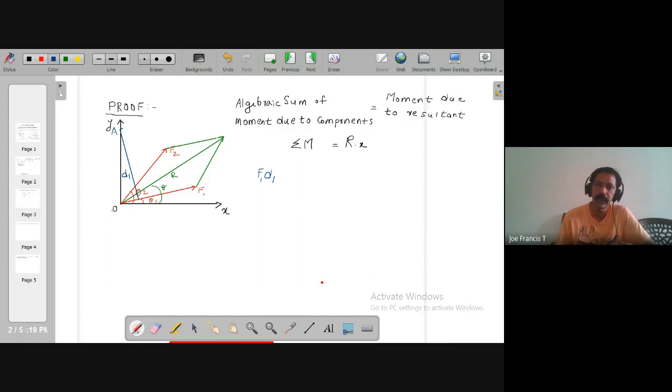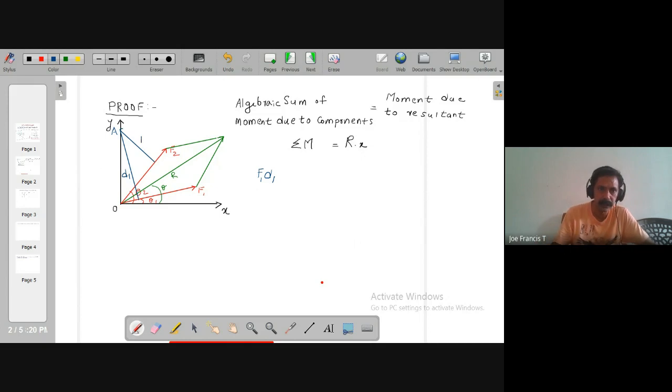Similarly, moment due to the force F2 is given by force into its perpendicular distance. So still again, you need to draw a perpendicular from A all the way to the force perpendicular. Suppose that distance is d2.